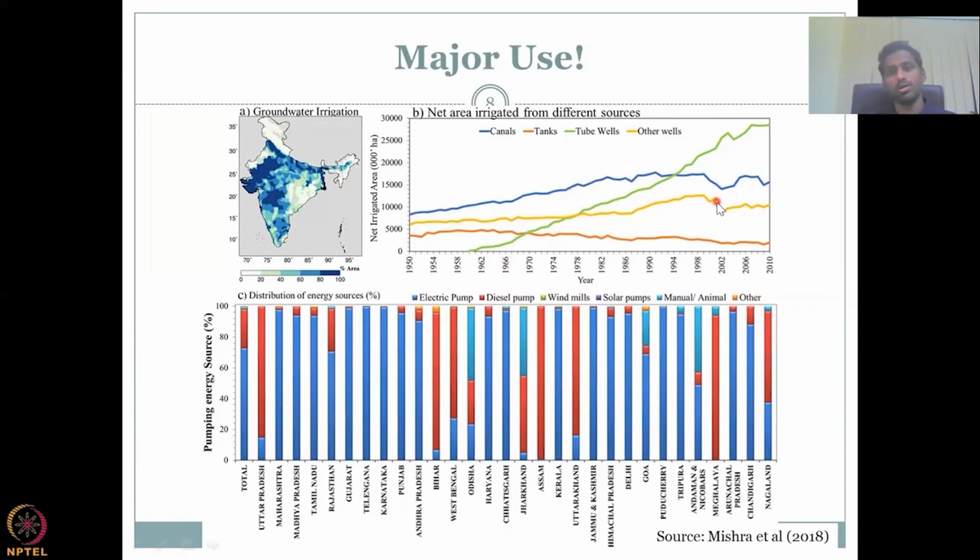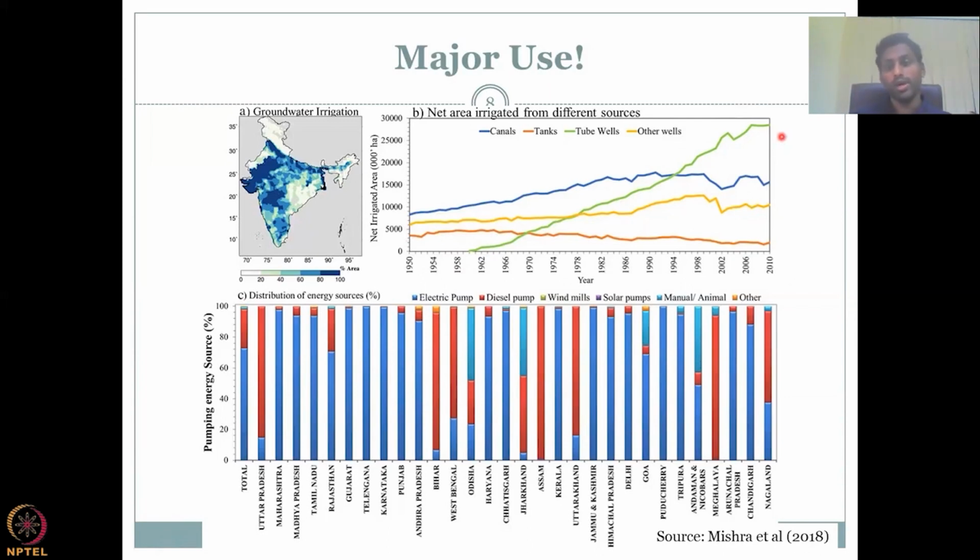The shallow wells are not taking much water, but it did increase from the 1950s to 2010, a little bit, and then stagnated. What has happened and is still continuing to happen is the access to tube wells. Tube well irrigation has boomed suddenly, and it just exponentially increased, and it's going at a very, very alarming and unsustainable rate.